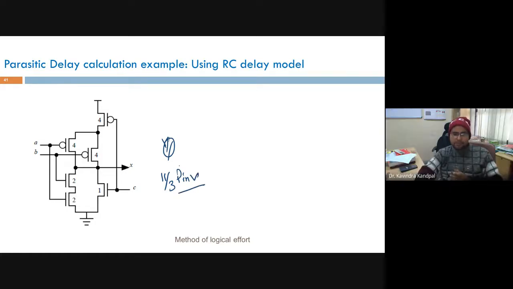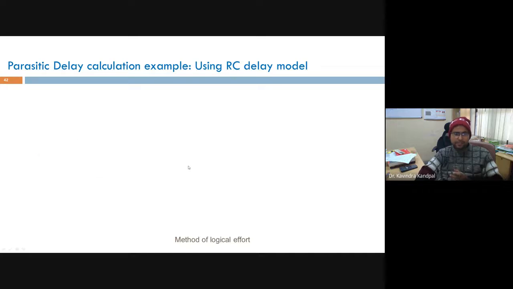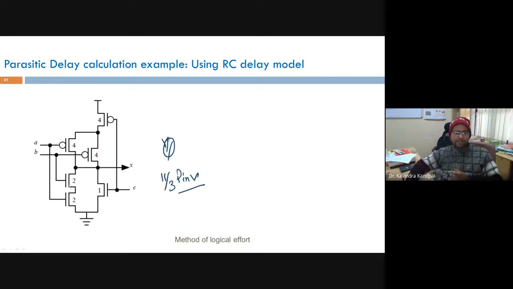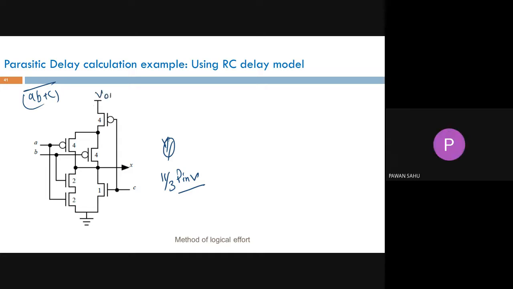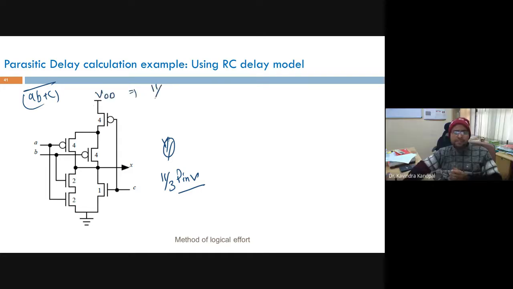But can I also implement this same circuit by using this? See, the function here is AB plus C whole bar. Can I say this is AB plus C whole bar? What is the parasitic capacitance I'm getting? 11 by 3 P inverter.